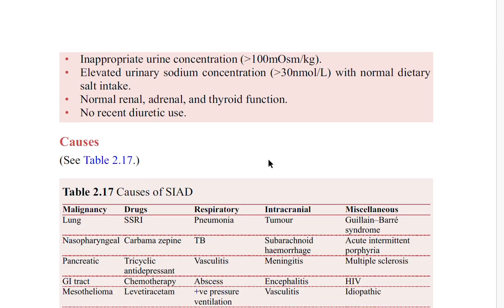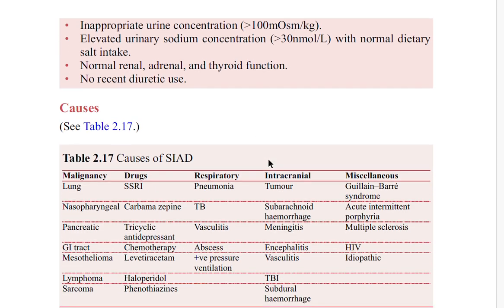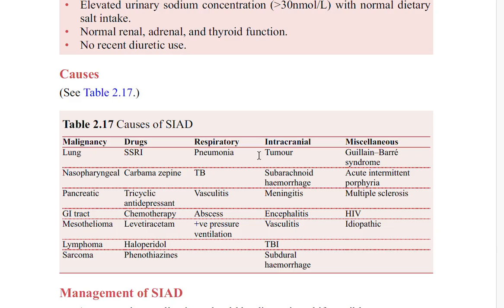So, what are the causes of SIADH? There are multiple different causes, like malignancy, drug induced, respiratory problems, intracranial, and miscellaneous. The malignancy could be in the lung, nasopharyngeal, pancreatic, GIT, mesothelioma, lymphoma, or sarcoma. With the drugs, it could be SSRIs, carbamazepine, the same drugs which were causing hyponatremia.